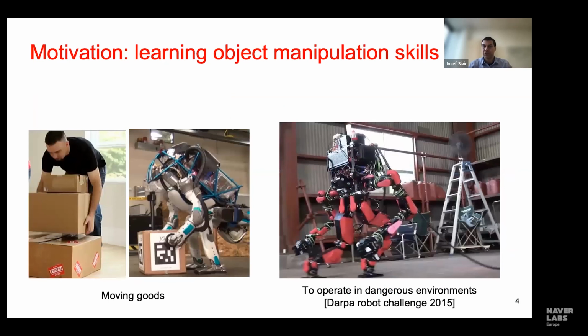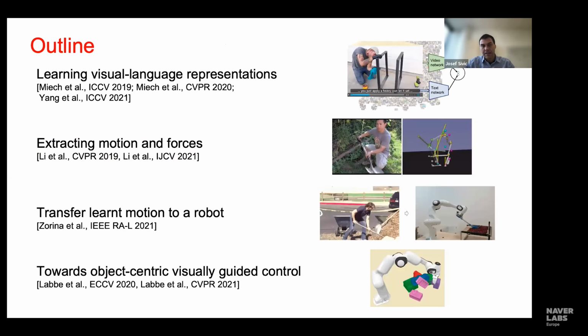Or, and that's I think more relevant here in this workshop, how to use that information for teaching robots, how robots can learn from instructional videos how to achieve specific tasks, and maybe then execute them in new environments.